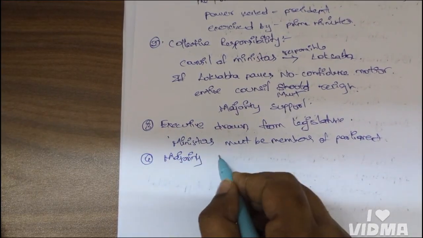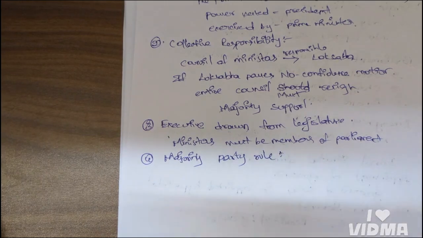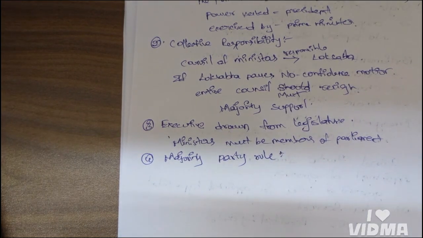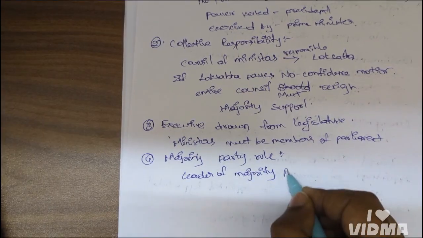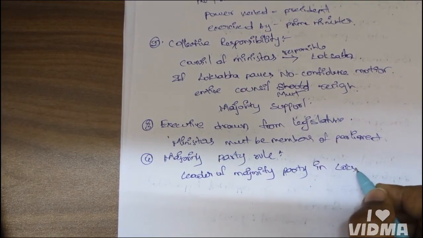Next feature, majority party rule. The leader of the majority party in the Lok Sabha becomes the prime minister. If no party has majority, coalition government is formed. So the stability depends on the majority support.